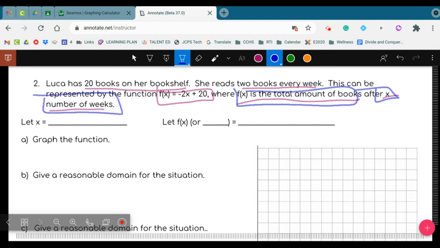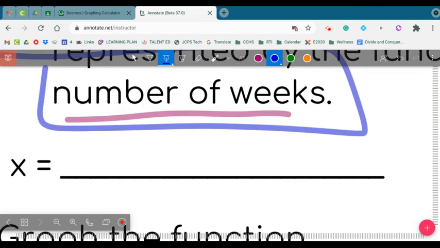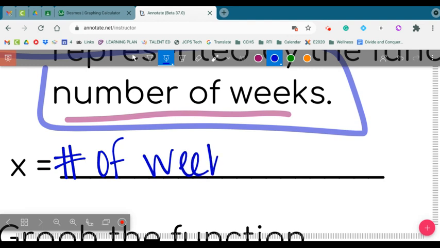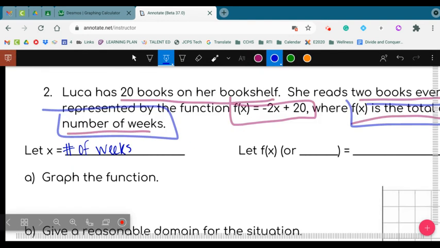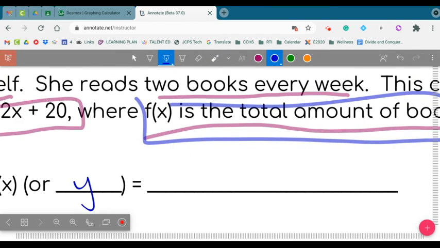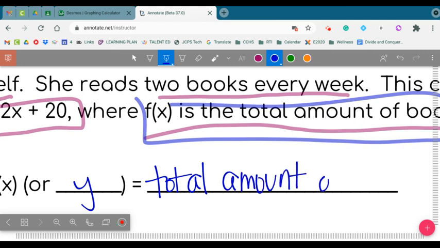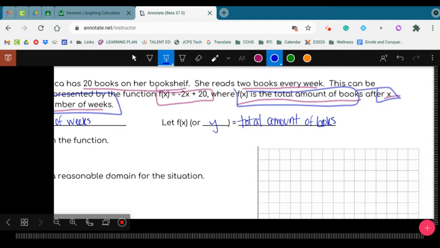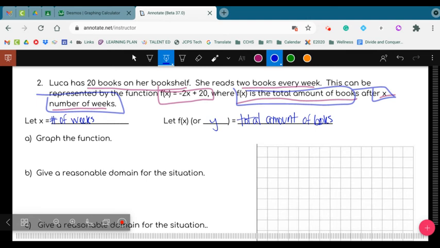Because our f of x is our total number of books, and then our x is the number of weeks. So let's fill those in. So x is number of weeks. And then f of x is the same as y, and f of x is our total amount of books. Now, the next thing it wants us to do is graph this.